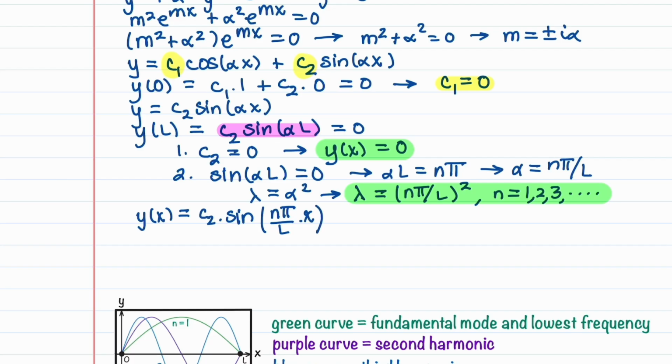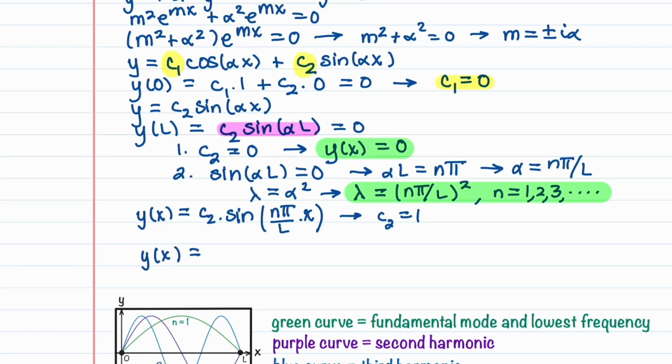When we are solving this type of boundary value problem, we really want to focus on the shape of y and not the amplitude of y. So I am going to choose to let C2 be equal to 1. This gives us that our eigenfunction y of x is sine of n pi x over L.